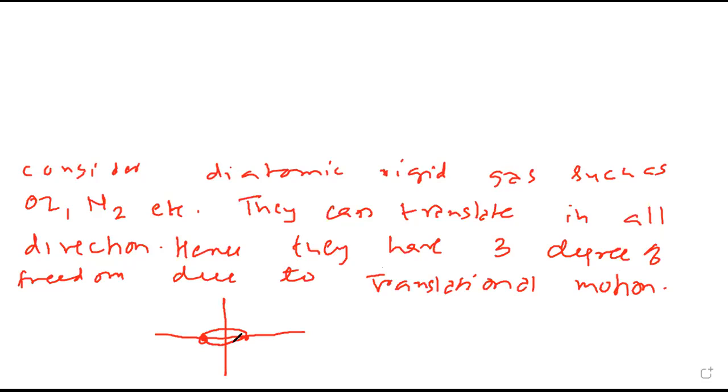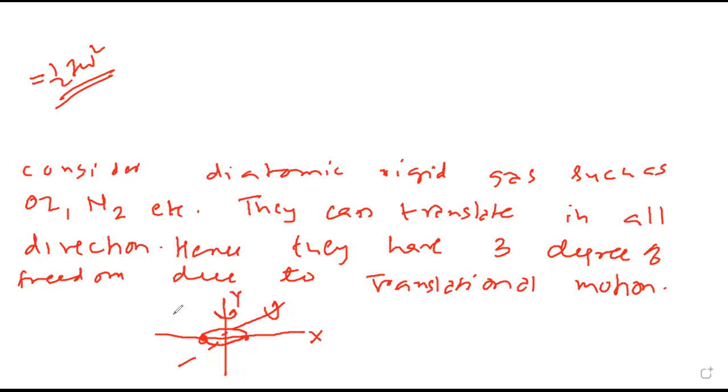If it rotates about this axis, then due to rotational motion it will have rotational kinetic energy, which is half I omega square. If I rotate this along the z axis, then also it will have rotational kinetic energy. But along the x axis, when you rotate, that means two molecules are on the axis.